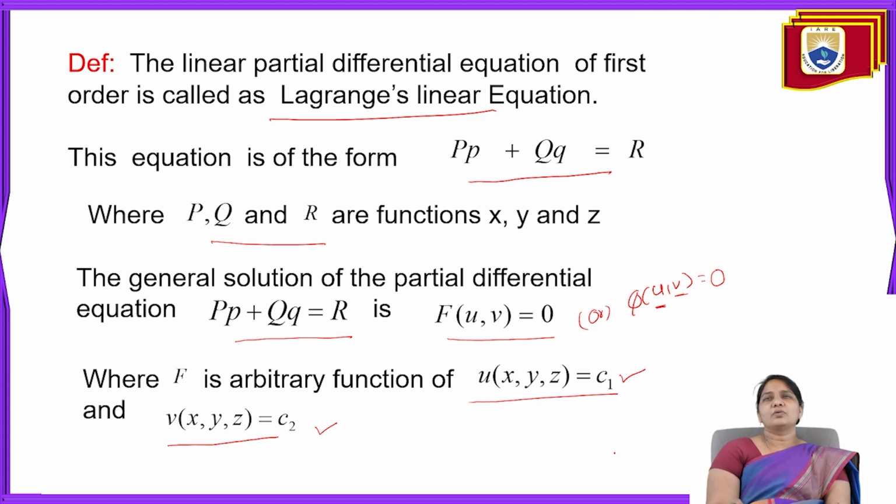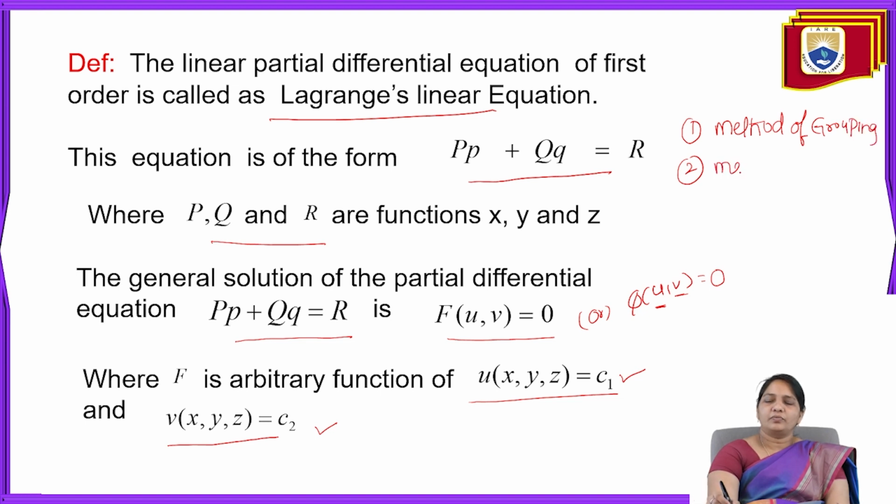So how we can solve this? Just now I told you we are using two methods, that is method of grouping and method of multipliers. In some of the problems we can get the two solutions from only method of grouping.